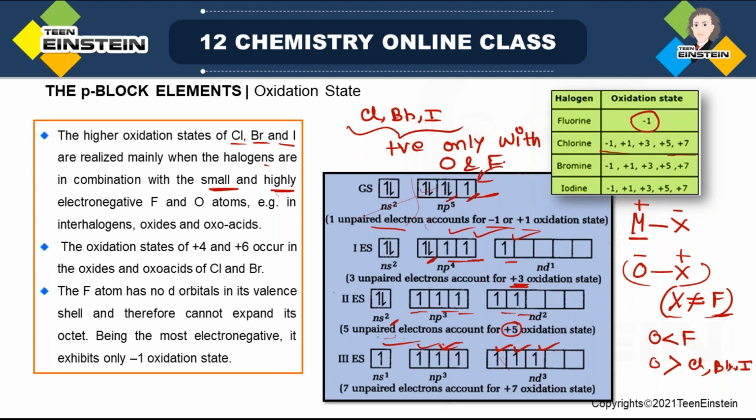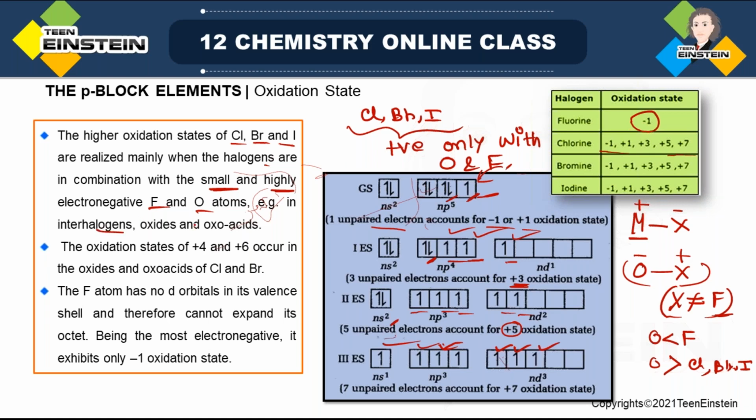So when these 3 halogens, chlorine, bromine, iodine, form compounds with oxygen, it will be compounds of oxygen and halogen. But when they form compounds with fluorine, this type of compounds are called interhalogen. That is, 2 different types of halogen are forming the compound. Interhalogen is a completely different topic that we will discuss later. But remember that positive oxidation state is possible only when the other element is F and O.